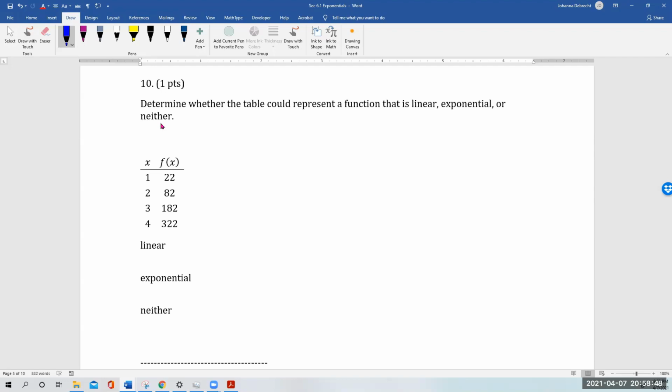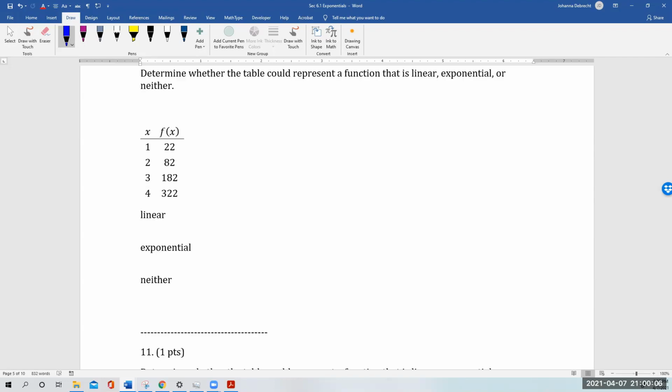We'll know whether it's exponential if it's the same percentage of increase. So in other words, when we're looking at this, we need to know what percent of 82 is 22. To find the answer to this question, what percent of 82 is 22?